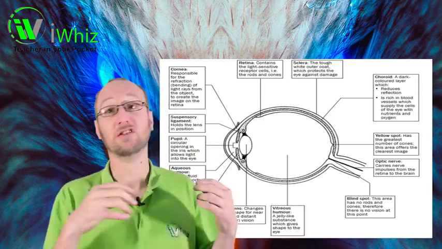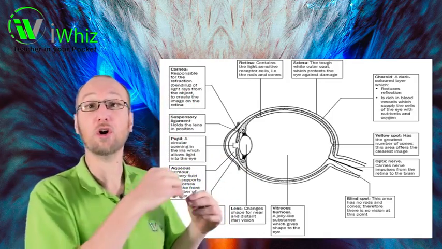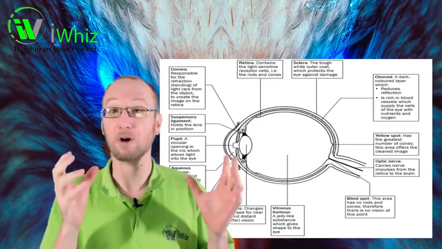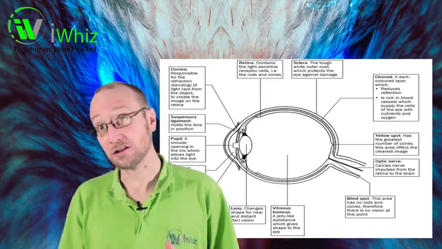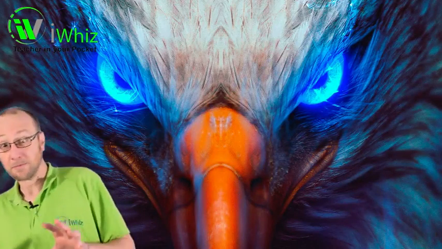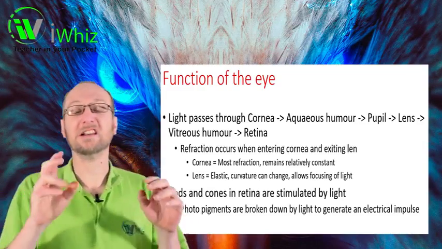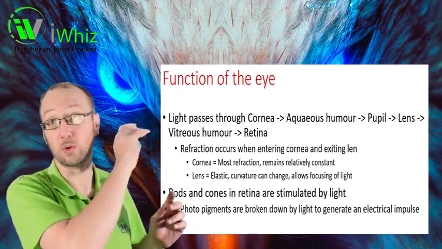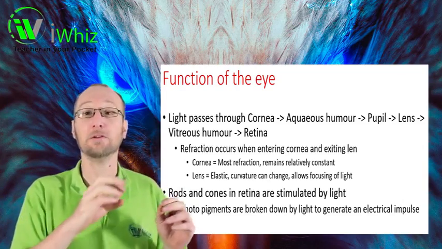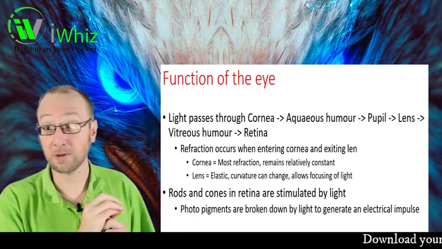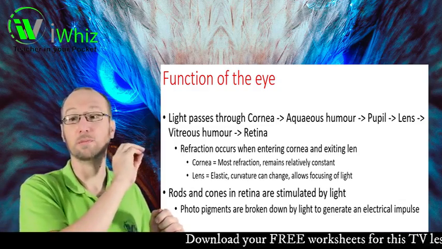Now that we've looked at the structure of the eye, let's go on and have a look at how these parts come together and function to allow us to see images. Okay, so what happens is that light passes through the cornea of the eye. It then passes through the aqueous humor into the pupil.